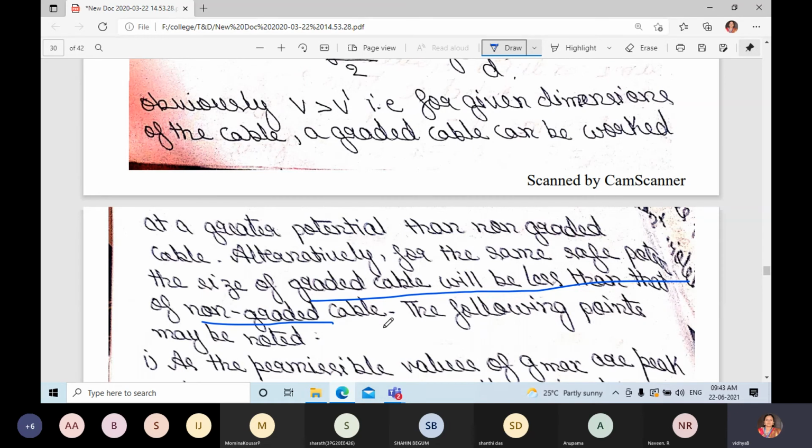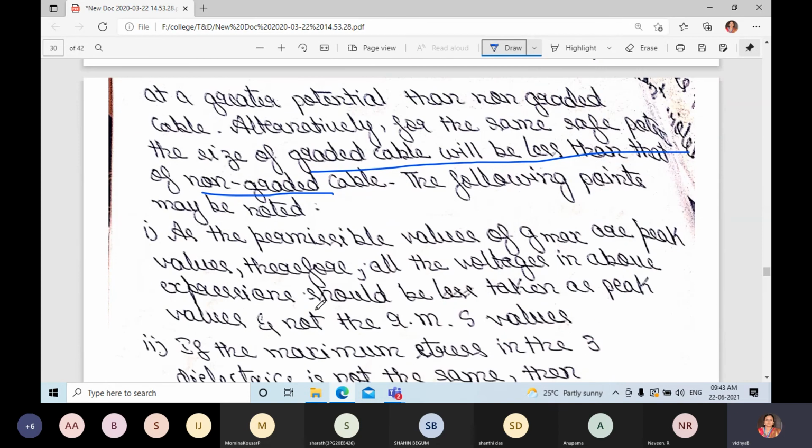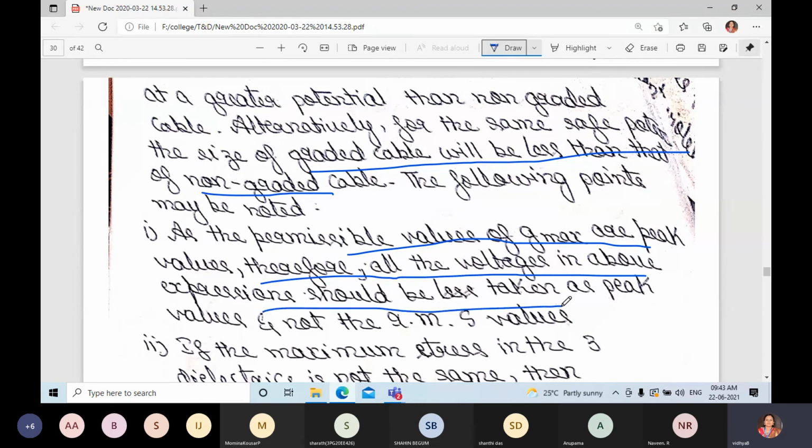The following points may be noted: as the permissible values of G max are peak values, therefore all the voltages in the above expressions should be taken as peak values and not RMS values. We should consider the peak values.